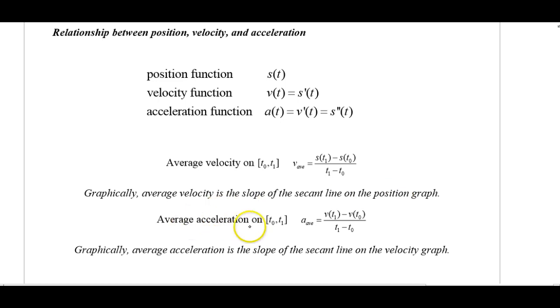And if I want average acceleration over a time interval, well, average acceleration is the change in the velocity over the change in time. So graphically, average acceleration is the slope of the secant line on the velocity graph. So again, for average velocity, I need the change in position over the change in time. For average acceleration, I need the change in velocity over the change in time.